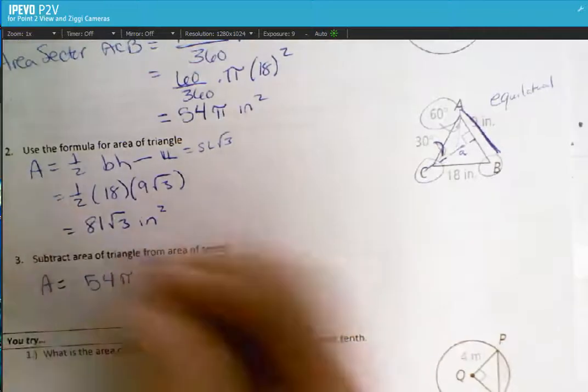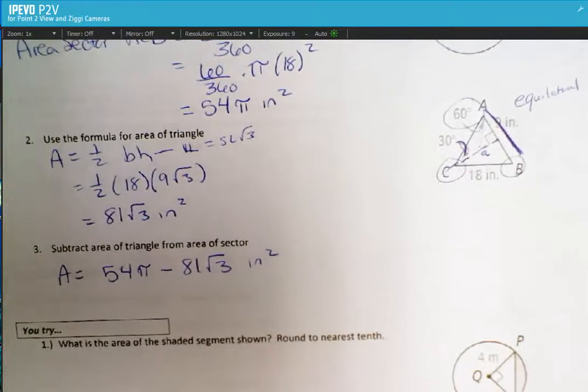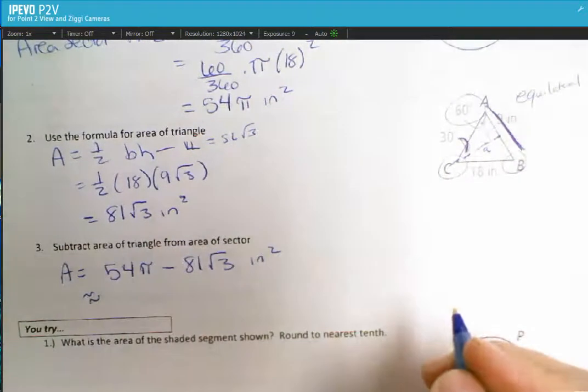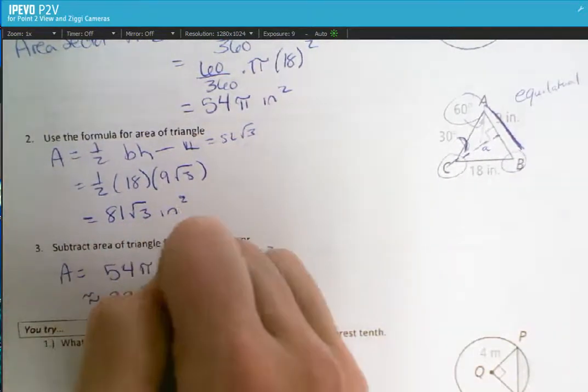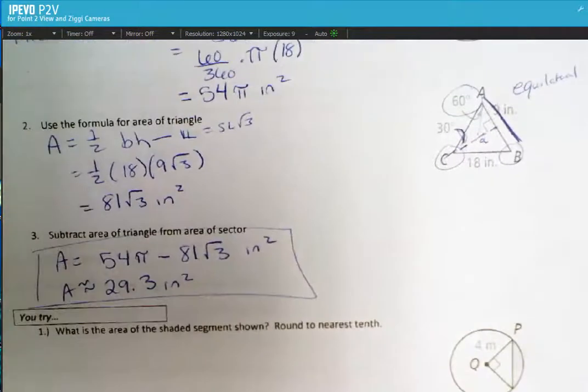So the area of that segment is 54 pi minus 81 rad 3. That's approximately, in my calculator, 29.3 inches squared.